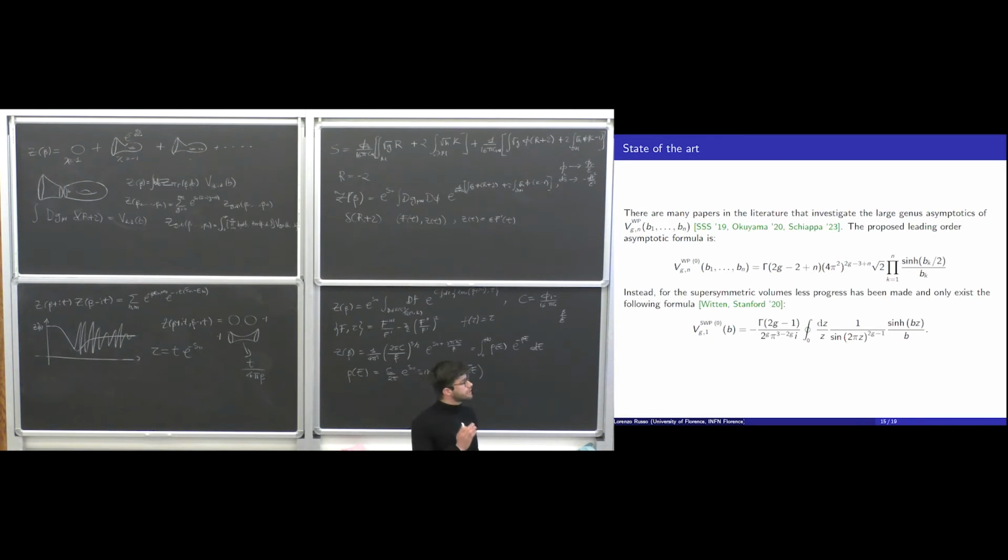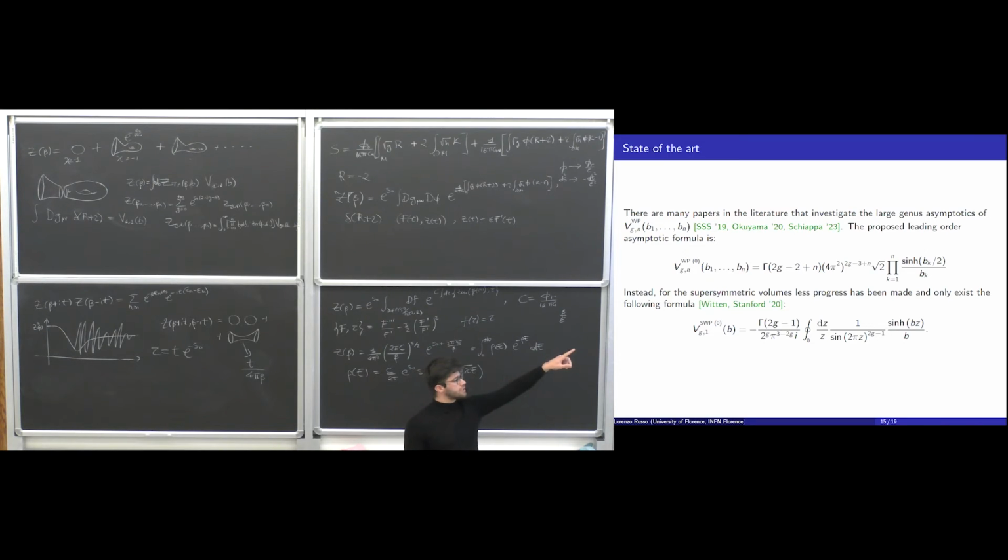The state of the art is that many papers were written on their asymptotic expression, and I've written down a few of them here. There are seminal works by Mirzakhani herself, or Zograf, for the standard bosonic case, and these are the asymptotic formulas.